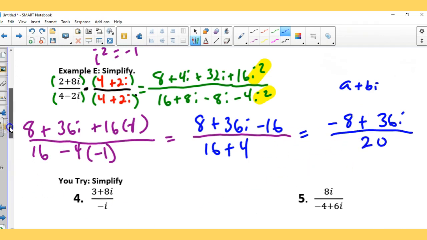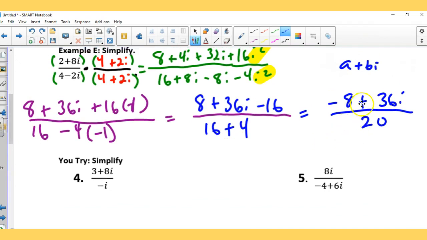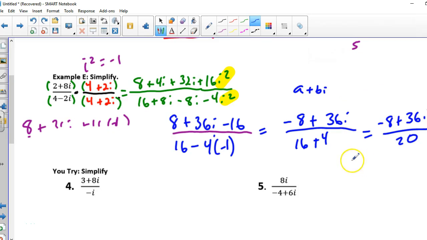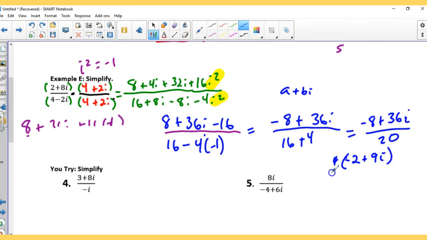All right. Now, last step is to reduce. All these numbers here are divisible by 4. So you have 4 times -2 plus 9i, all over 4 times 5, because again 4 times 5 is 20.